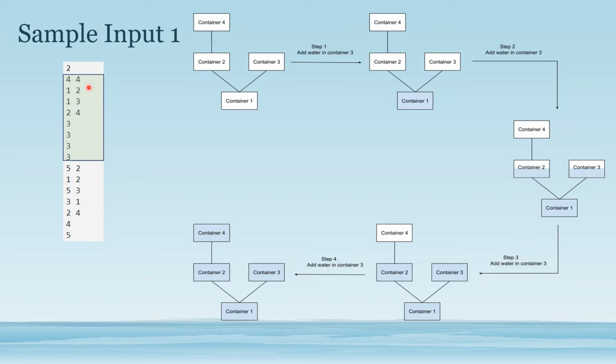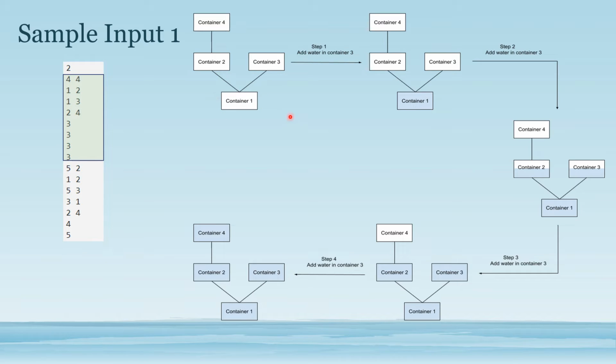So there are two test cases, and this is the first test case. Here n is equal to 4 and q is equal to 4. We have four containers, and we are adding 4 liters of water. After that there are n minus 1, which is 3 lines, that indicate how the containers are connected. One is connected to 2.